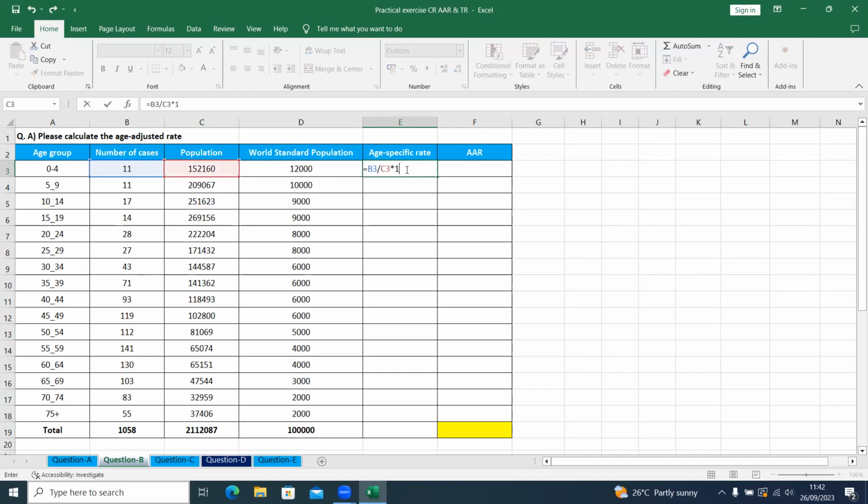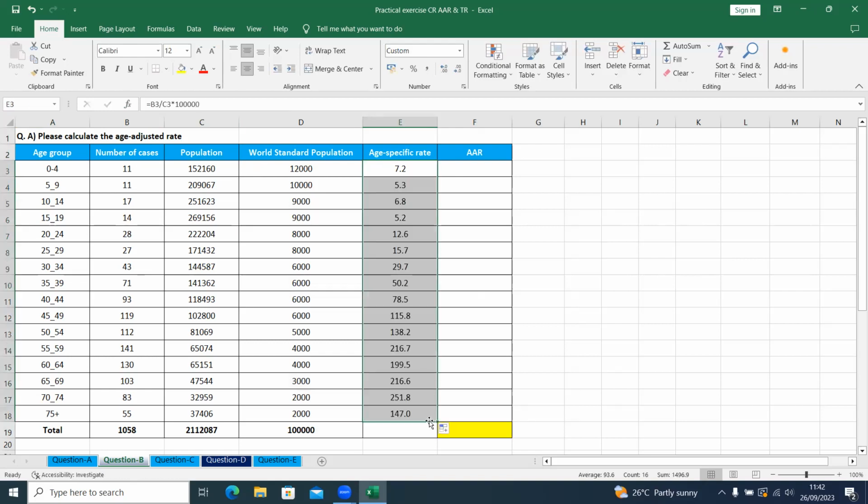Also verify your answer along with me. So I have calculated the age specific rate from 0 to 4 to the 75 plus age group. Clear?